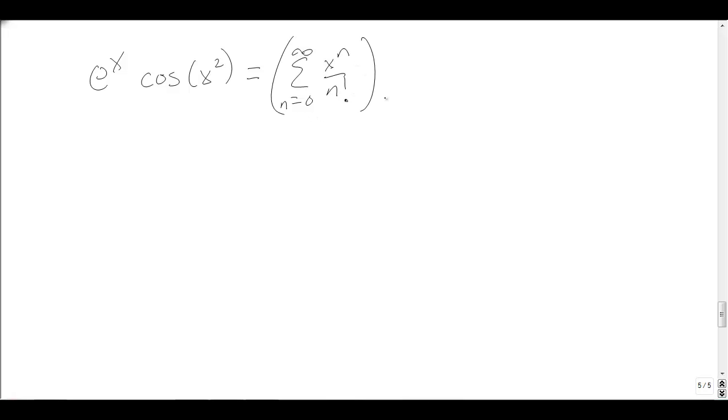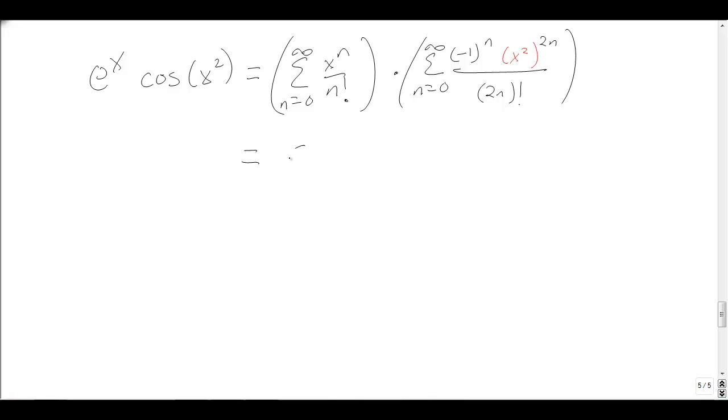And cosine x squared is the sum n equals 0 to infinity, negative 1 to the n. Now, if it was x, it would just be x to the n, but we have an x squared, so this is x squared to the 2n over 2n factorial. Whoops, except not x squared to the n, sorry. It's x squared to the 2n. So that's my other series here.